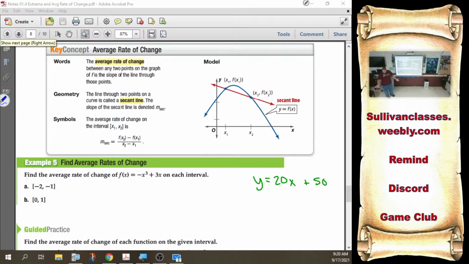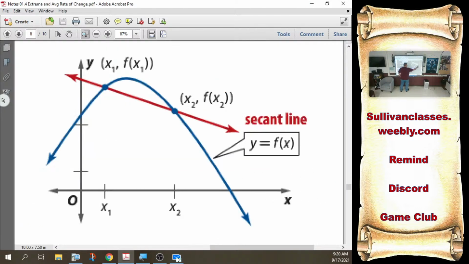Its slope. Average rate of change says, since I can't find the exact rate of change for every single point along this curve, instead I'm going to say from here to here, well, my y's changed this much and my x's changed that much, so that is my average rate of change, which is just the slope. Okay?